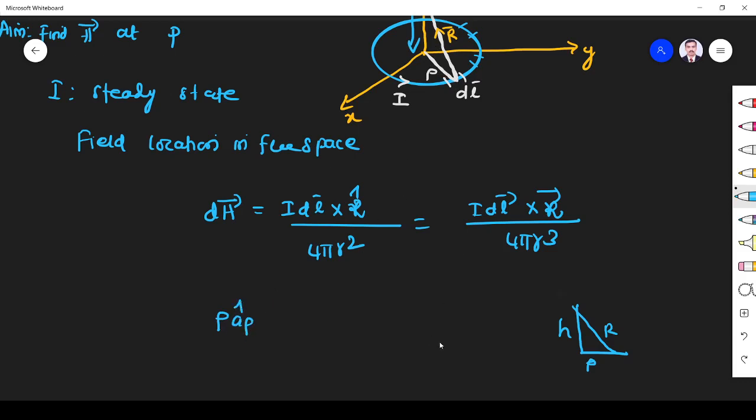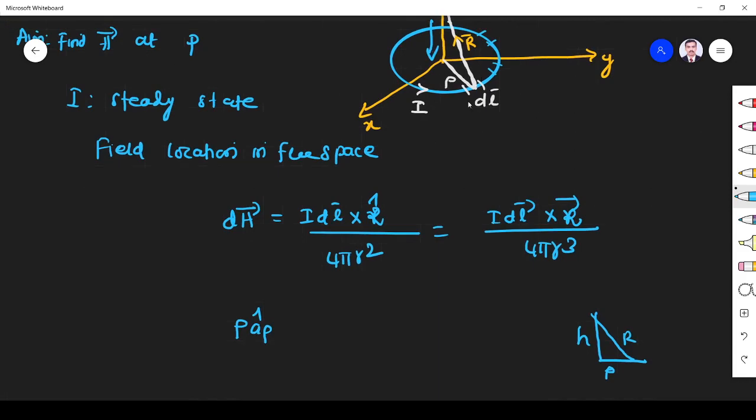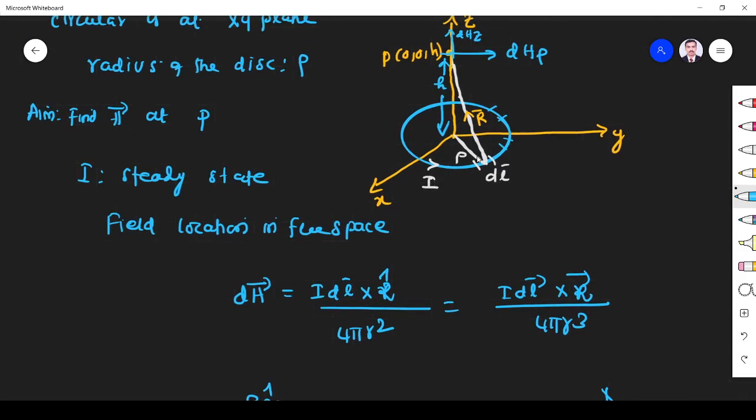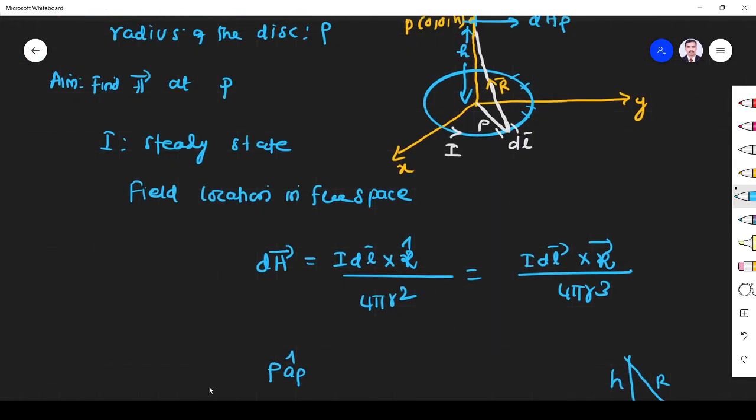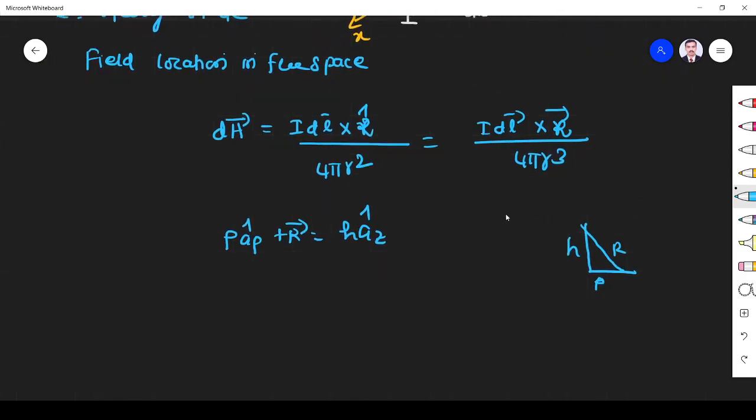Vector addition means if you add this part and this part, you get this part. So rho a rho plus R gives the height H in the a z direction. This will make the R vector equal to minus rho a rho plus H a z.